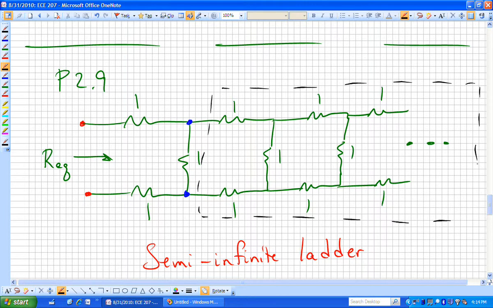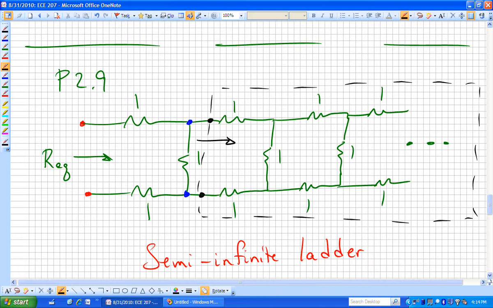All of this is going to be the same as if we erased those first 3 resistors and looked only into here. From the blue, or if we looked into those nodes, we would see the same resistance.